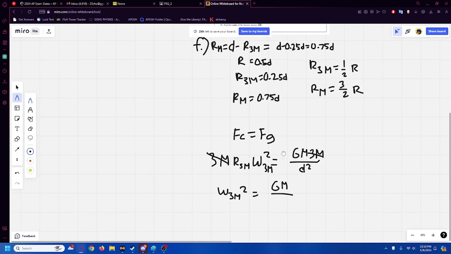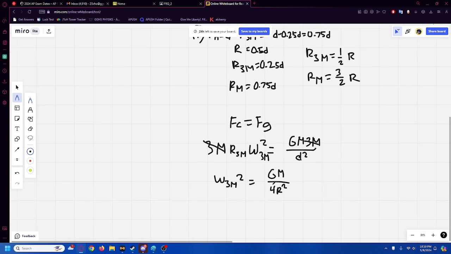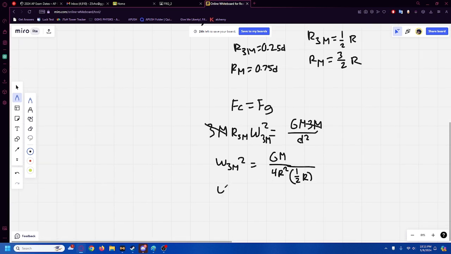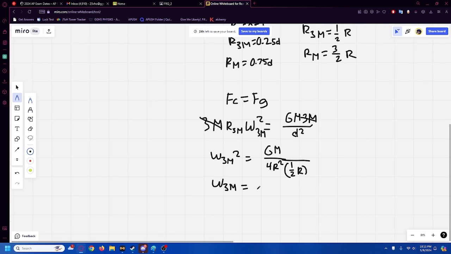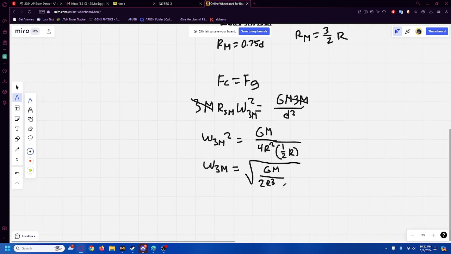No, this d is 2r, so this would be 4r squared, and then times R3m. R3m is 1/2 r, so we can substitute that in. So omega 3m is equal to the square root of GM over 4 times 1/2 is 2, and r squared times r is cubed. So omega 3m is equal to the square root of GM over 2r cubed.